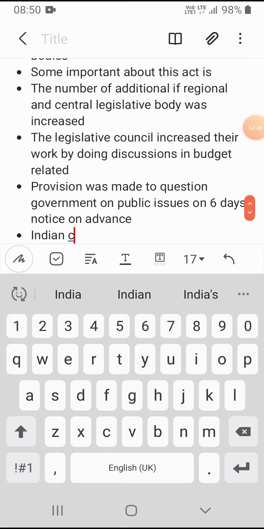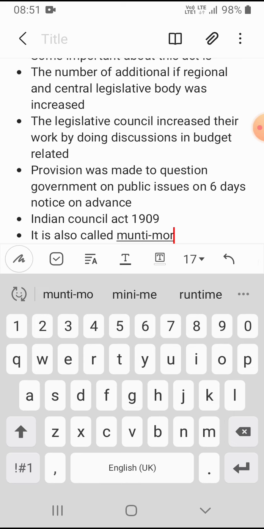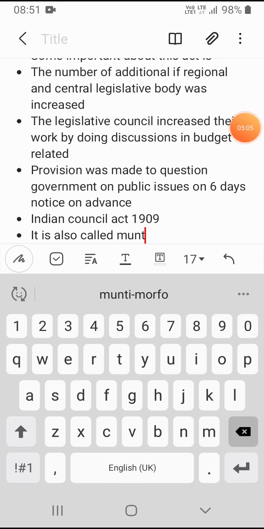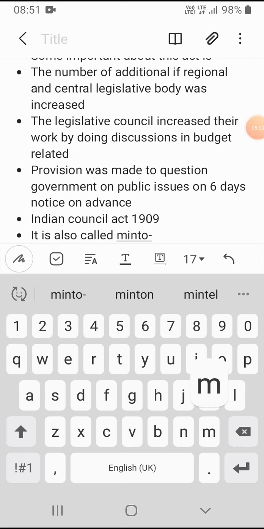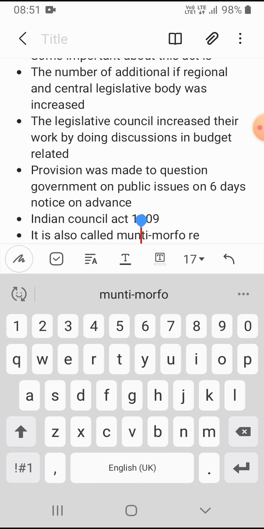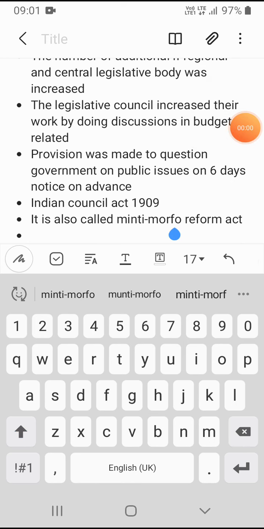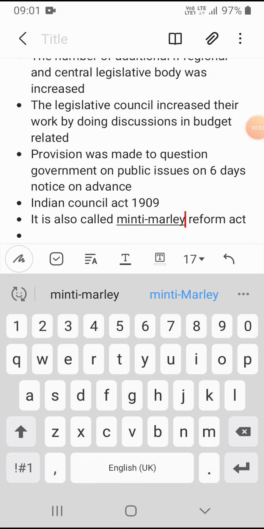After this, the Indian Councils Act of 1909 is also called the Minto-Morley Reform Act.